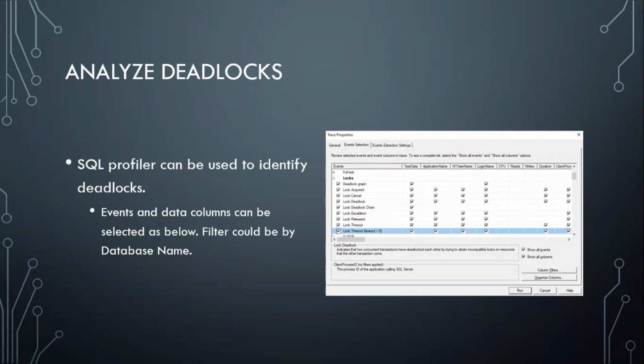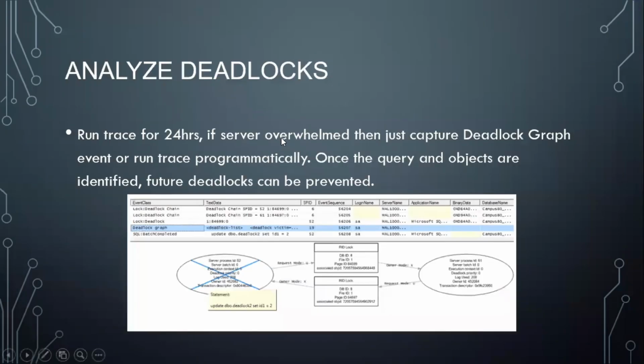SQL Profiler provides us options to even catch the deadlock events or the deadlock graph. So here is an example. You can run a trace for, let's say, 24 hours, and you can select just the deadlocks. If any deadlocks occur during those 24 hours, they will be captured in the trace.